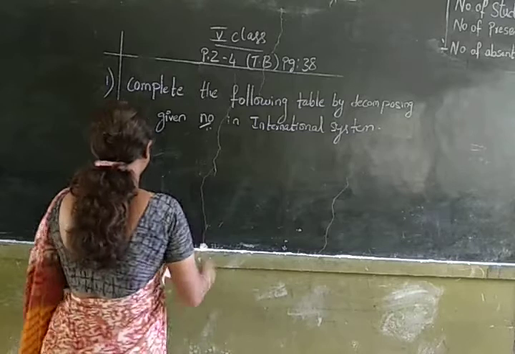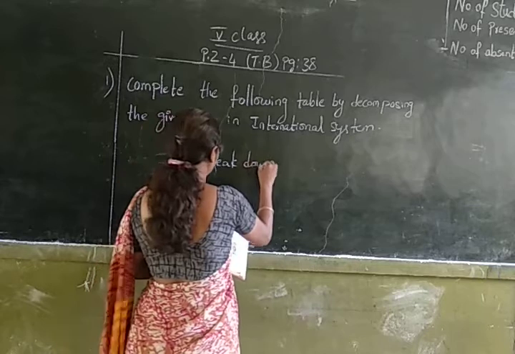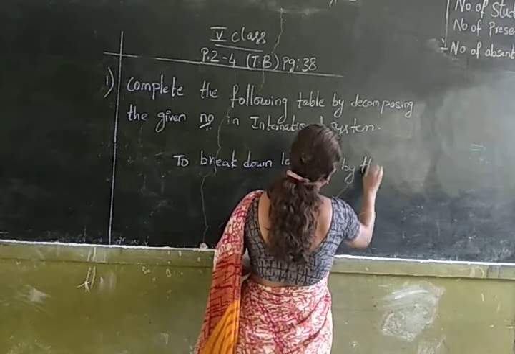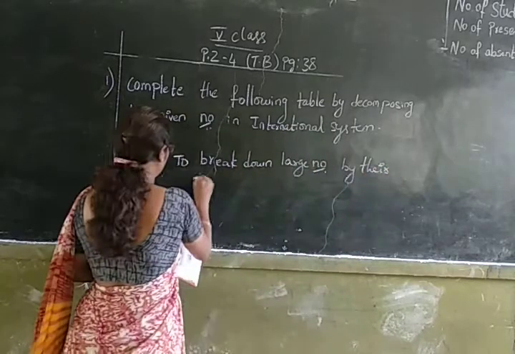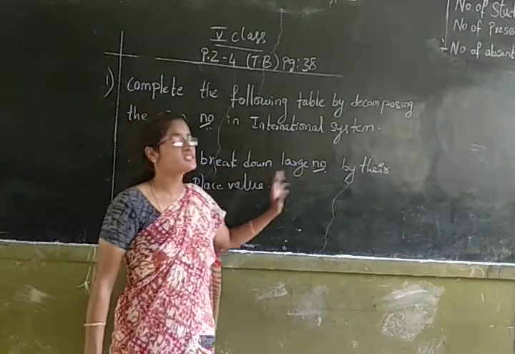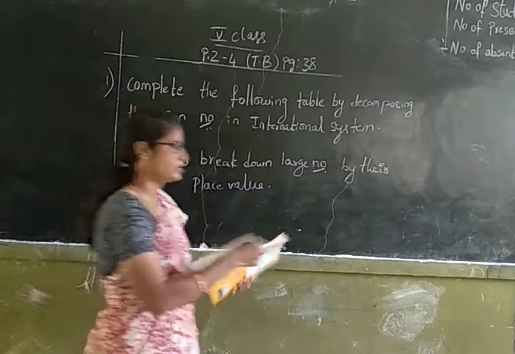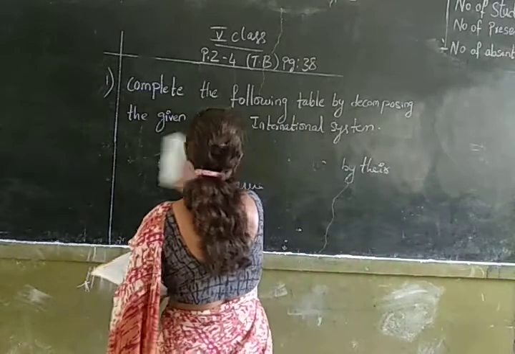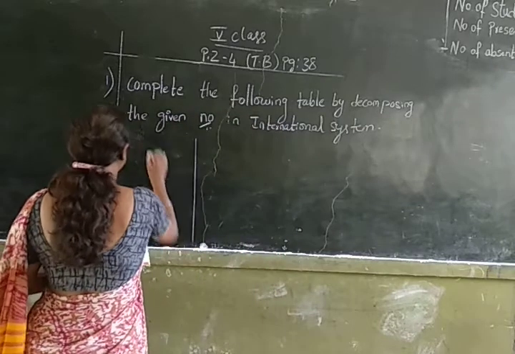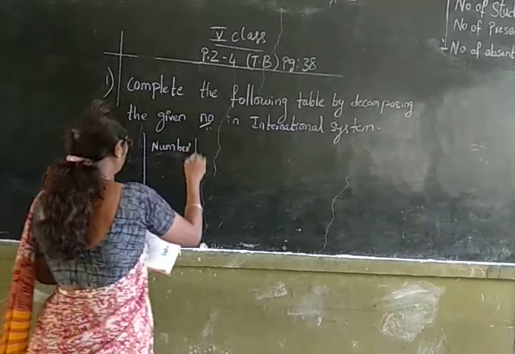Decompose means to break down large numbers by their place value. Okay, let me do the first sum.